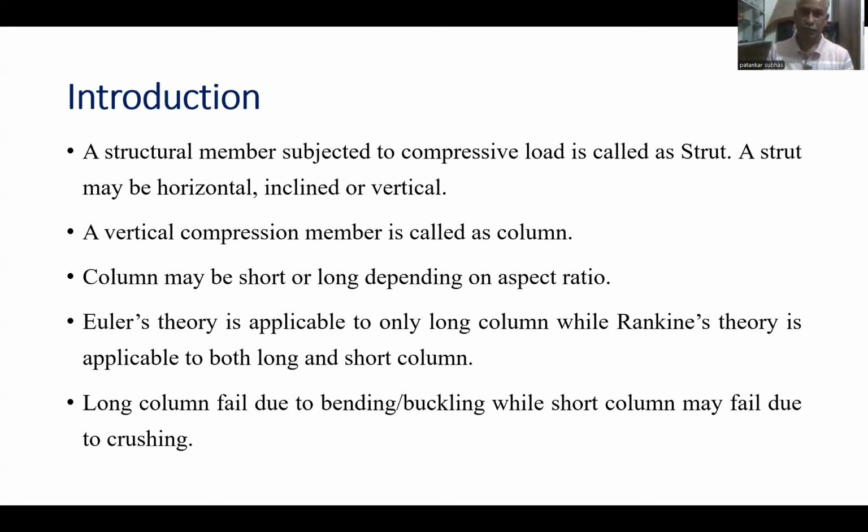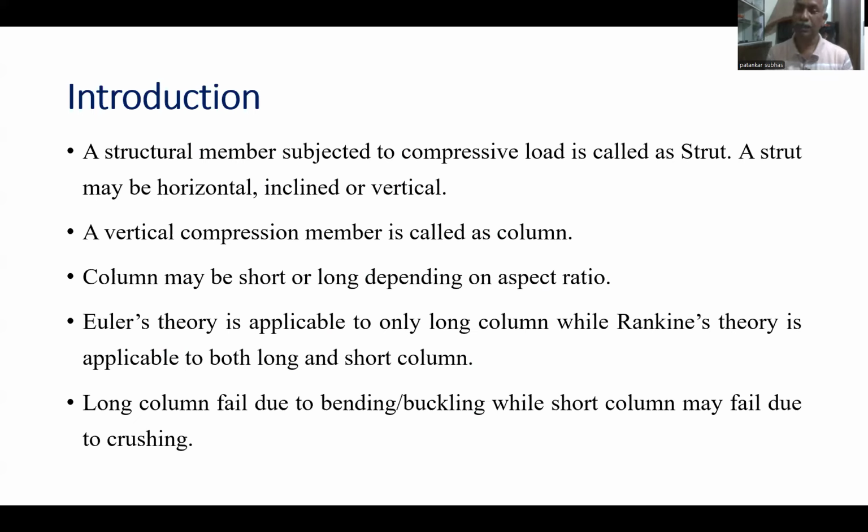The column may be short or long depending on the aspect ratio, or we can say the slenderness ratio. Euler's theory is applicable only to long columns, while Rankine's theory is applicable to both long and short columns. A long column may fail due to buckling or bending effect.